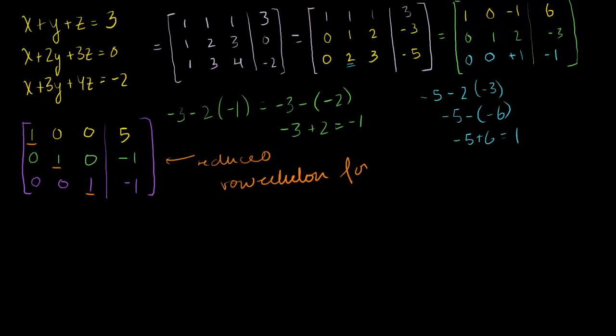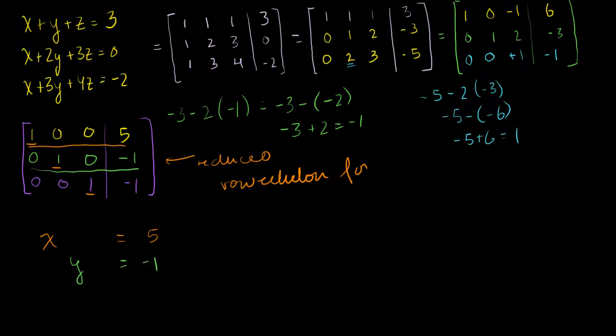So what do we get? We get x plus 0y plus 0z is equal to 5. That's that row right there. We get 0x plus 1y plus 0z is equal to minus 1. That's that row right there.